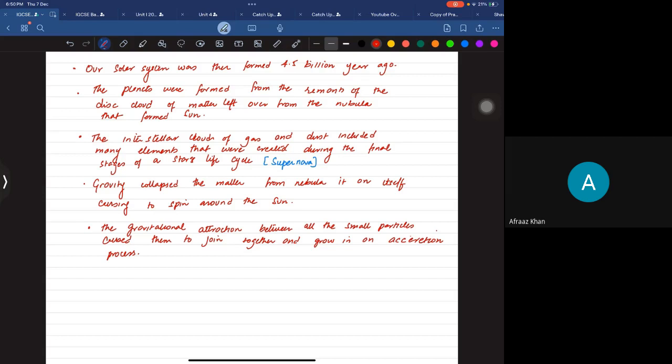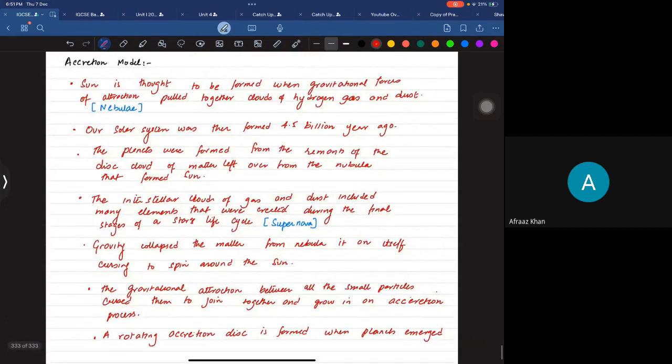All right, kids. A rotating accretion disk is formed when planets emerged. All right, so you write this down now till I take out the photo of it.